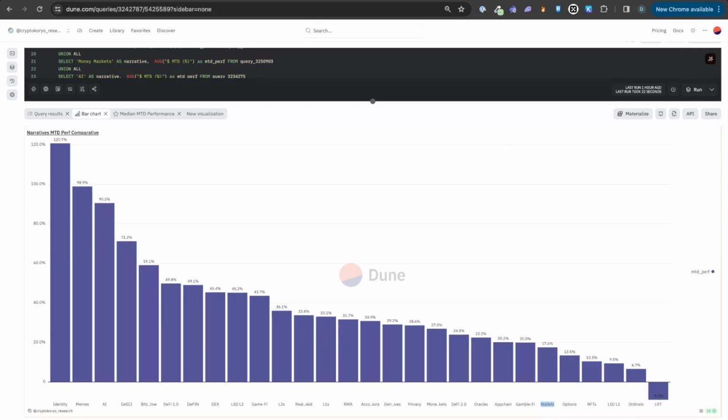It's also true for options, that they have been underperforming. It has been true for privacy tokens. It has been true for derivatives and perps, things like GMX, DYDX, etc. I've shared recently a tweet about why I'm no longer holding or trading any kind of derivatives tokens.